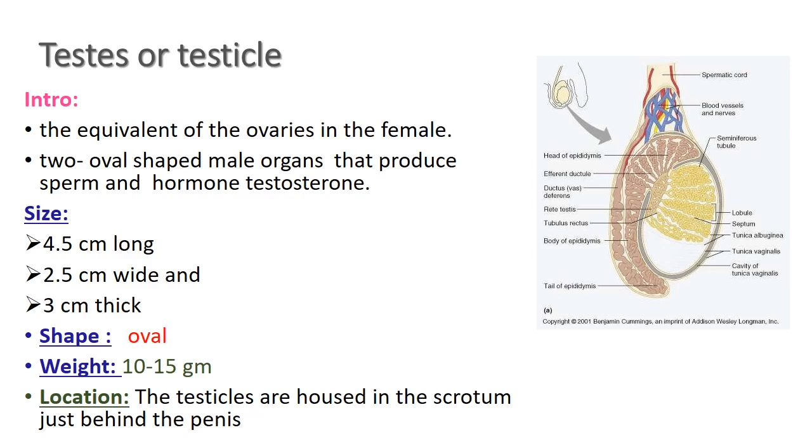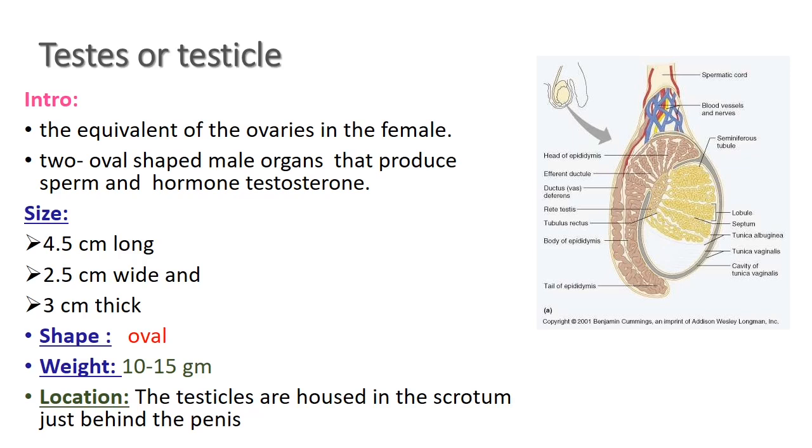It is two oval shaped male organs. Already we learned in the scrotum that the two oval shaped testes are situated on each side of the scrotum. They produce sperm as well as the hormone testosterone.